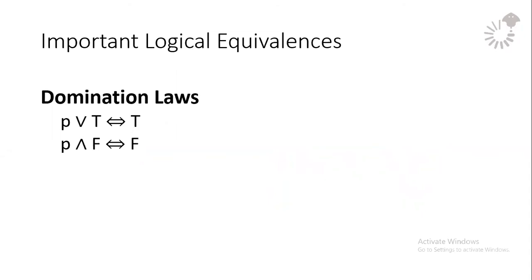Next, domination law. For the domination law, we have two statements. The first statement is proposition, in disjunction with true. The answer is true. Let us test this one. If the value of the proposition is true, true or true, the answer is true.